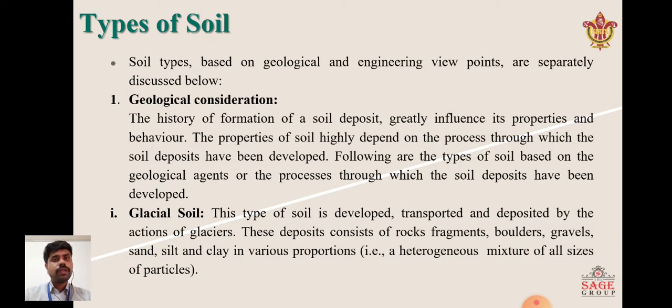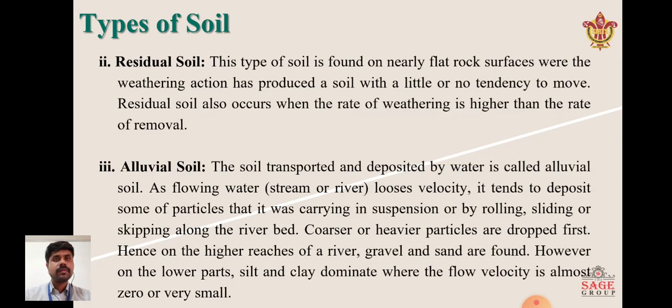The type of soil developed, transported and deposited by the action of glacier is known as glacial soil. These deposits consist of rock fragments, boulder, gravel, sand, silt and clay in various proportions, that is, a heterogeneous mixture of all sizes of particles.